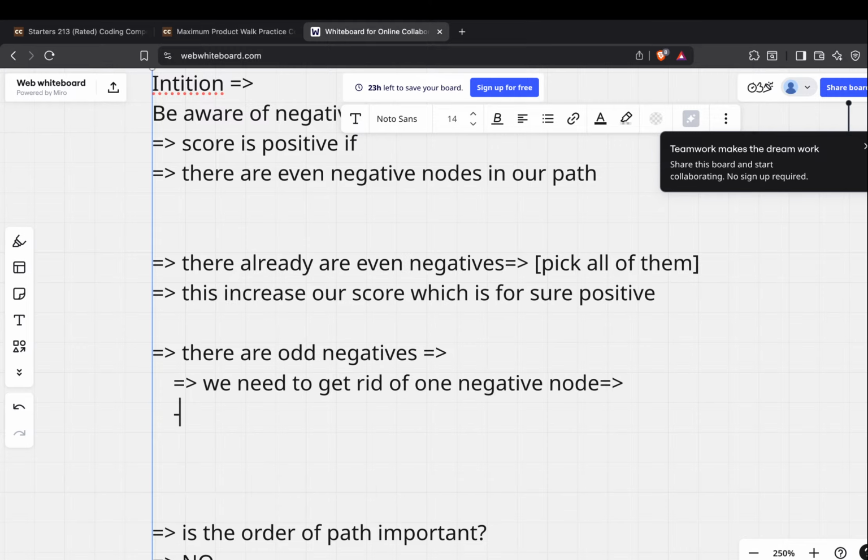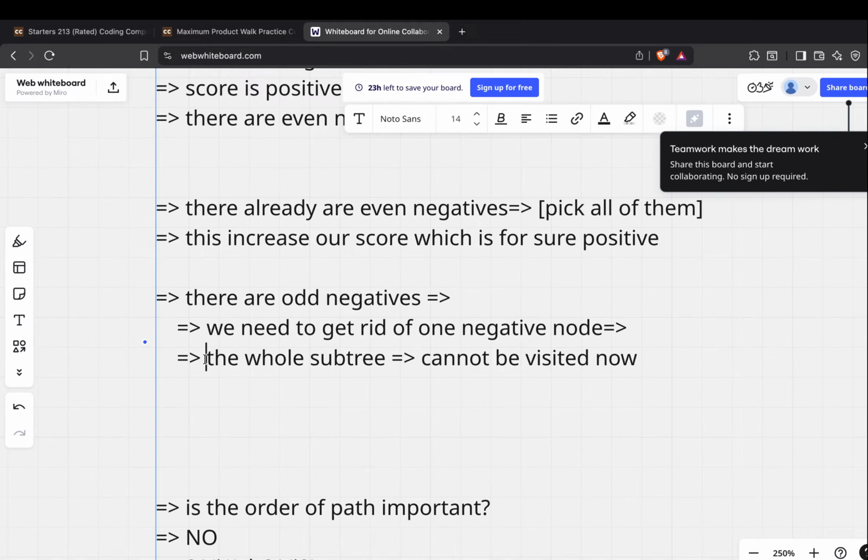So how to get rid of one node? The whole subtree, like the subtree can be any given subtree, like we will understand it later, but the whole subtree of that node cannot be visited. So what does this particular sentence mean?